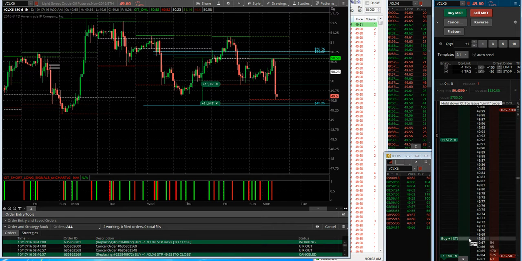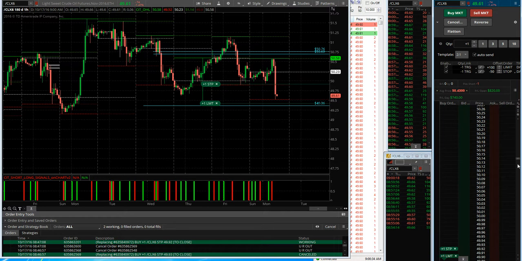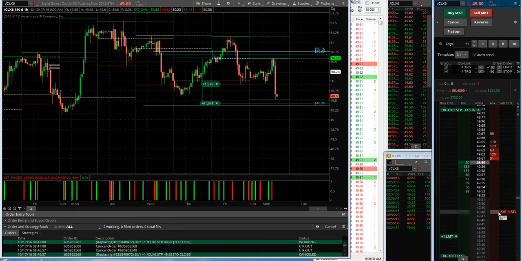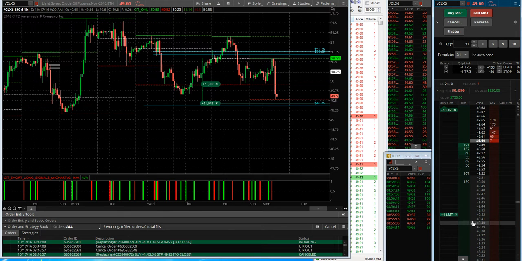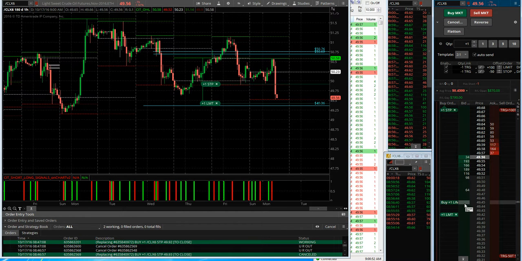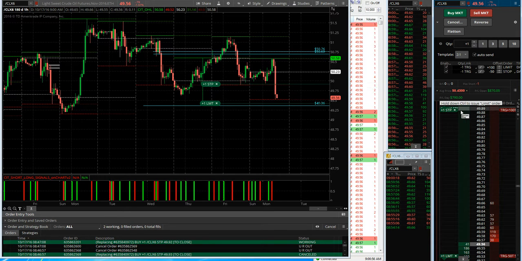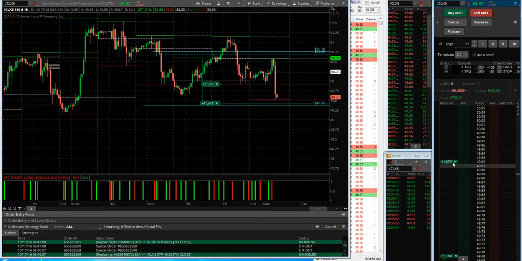Anyways, the only thing that I'm afraid might happen is that, let's just say, since I'm leaving, I have an order at 42. If it only goes as low as 45, it's possible that it'll stop me out, and then it comes back to my stop, and then it stops me out, and then proceeds to head down lower, and now I have a buy order right here at 42.